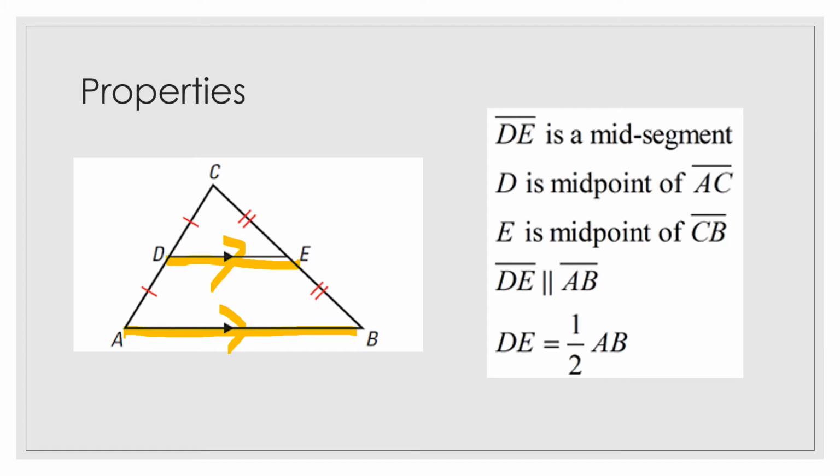And so in order for us to find the length of segment DE, all you do is take the base, which is segment AB, and take half of it. Or we can say take the length of segment AB and divide by 2.